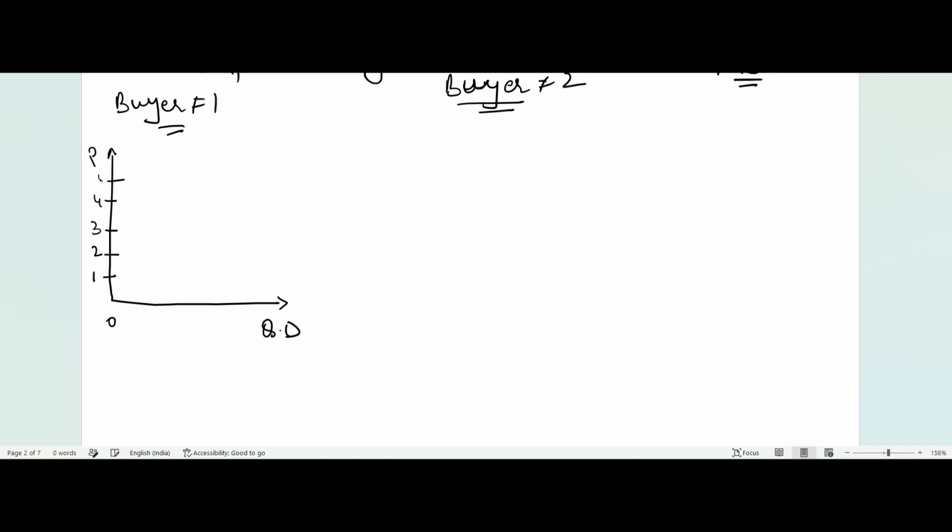I give you that at $5 the demand by this buyer is 0, so I have a point here. Then at a price of 3, the demand is 1. I hope you know how to mark the coordinates. And then when the price is 1, the demand is 2. I'll join these points.